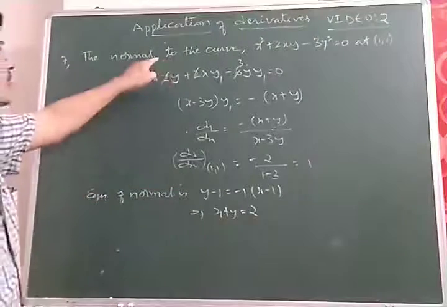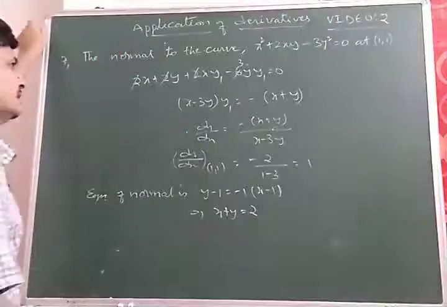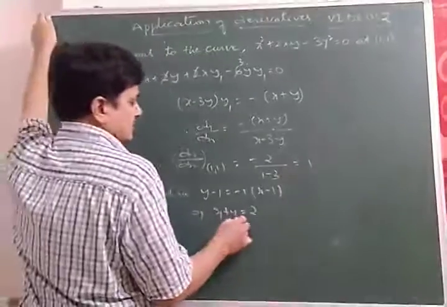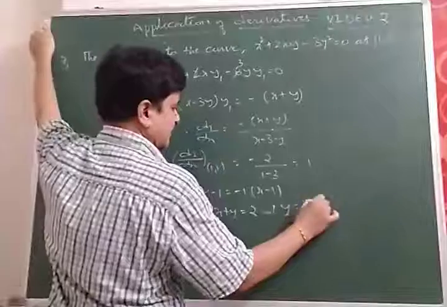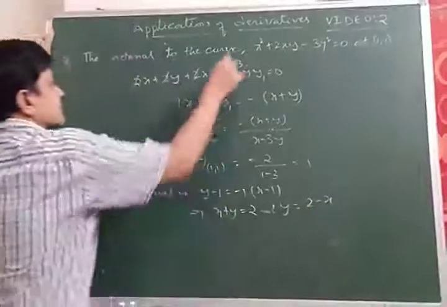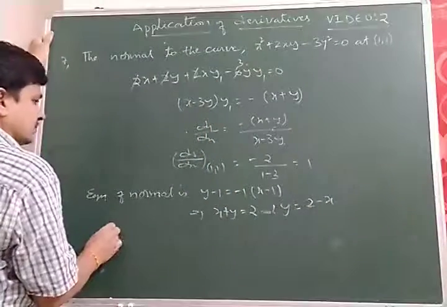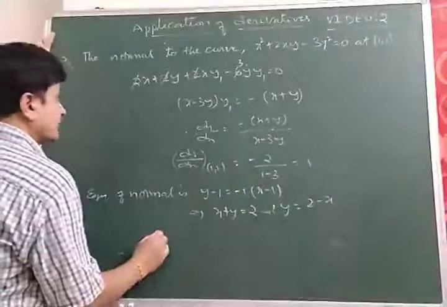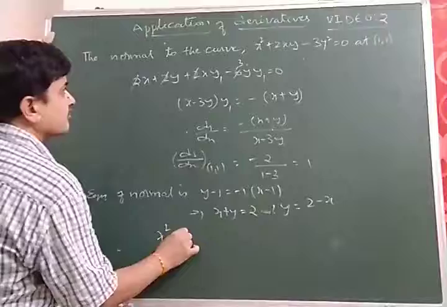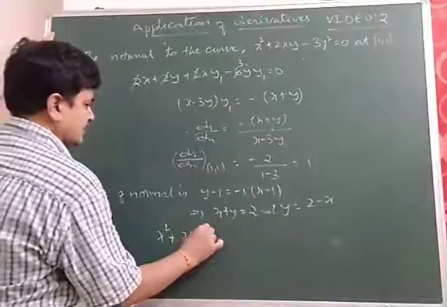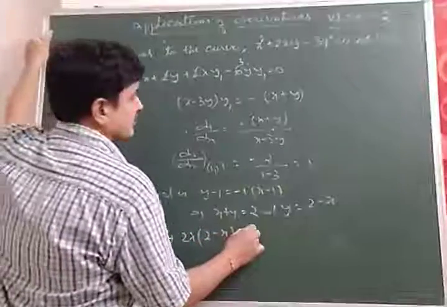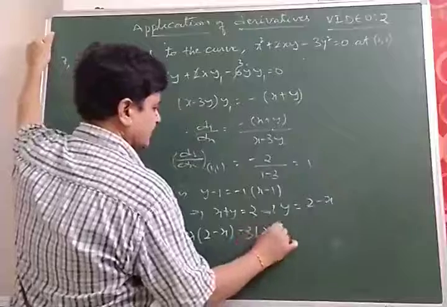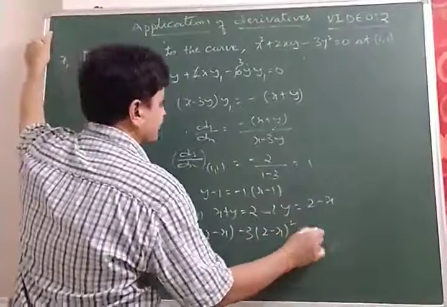The normal cuts the curve again at... so y is equal to 2 minus x. Simplify the given curve and the normal. So x square plus 2x into (2 minus x) minus 3 into (2 minus x) whole square is equal to 0.